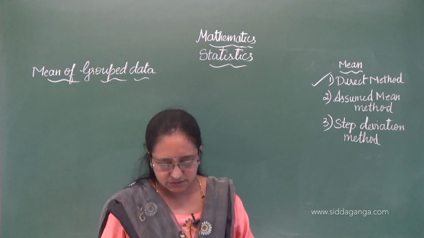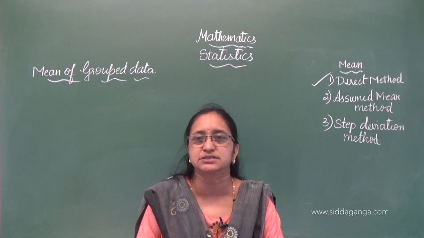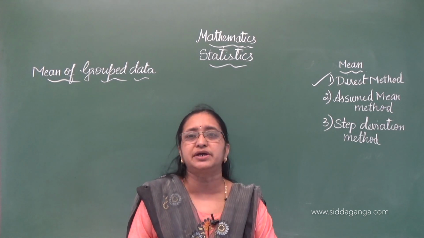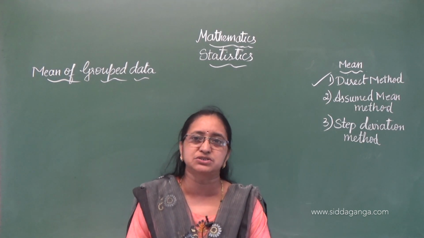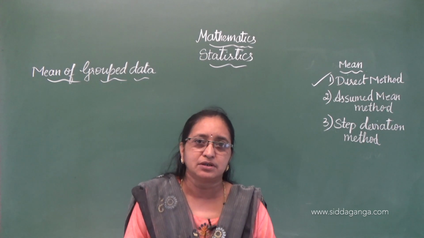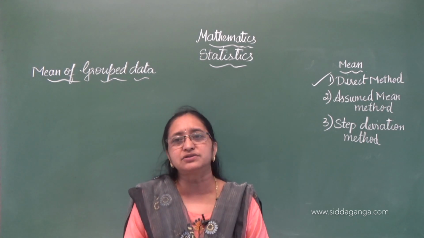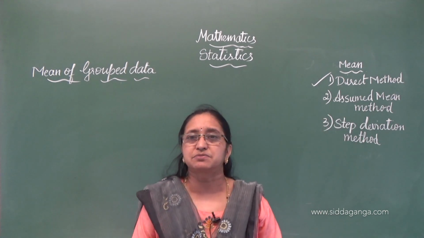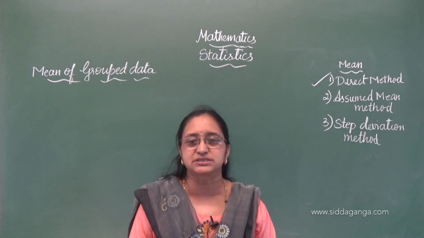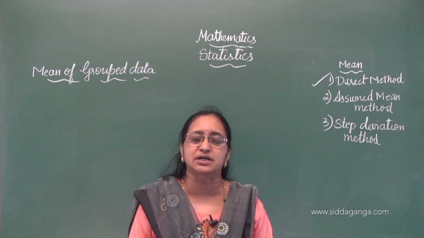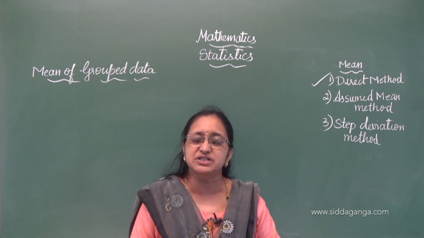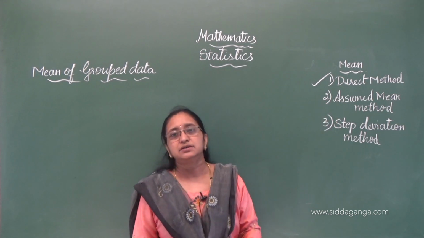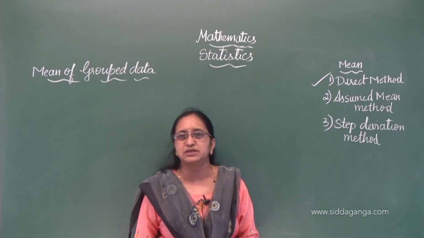In your textbook exercises, if they have not mentioned any particular method, you can adopt any method. But by the end of this exercise, when you have learned all the 3 methods, you will come to the conclusion about which problem suits which method. Now if I tell you, you won't understand.